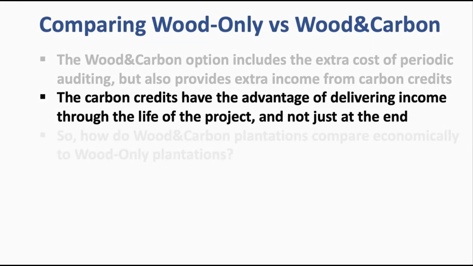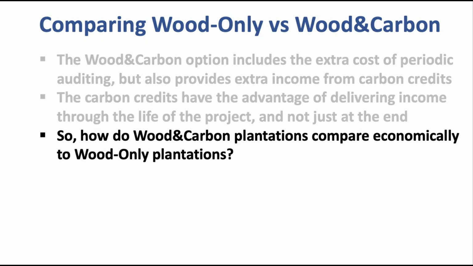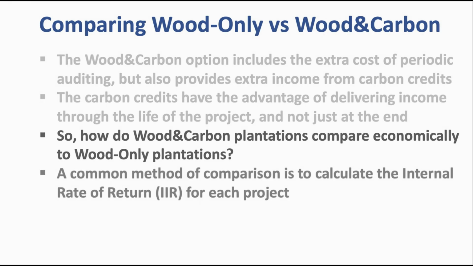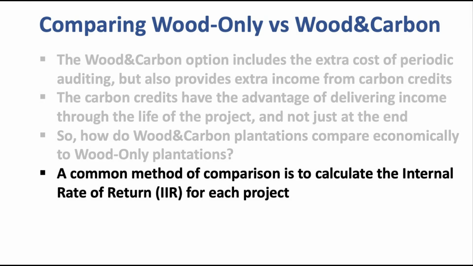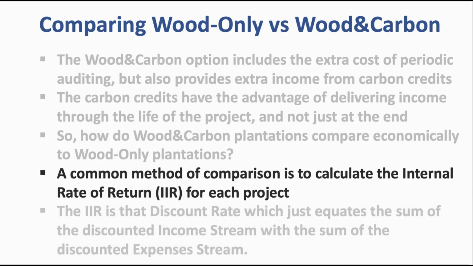So, given that, how do the wood and carbon plantations compare economically to wood-only plantations as a whole? A common way of comparing alternatives is to calculate the internal rate of return for each project. And you may have heard of internal rate of return, but what does it actually mean?